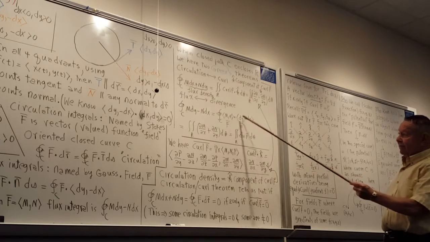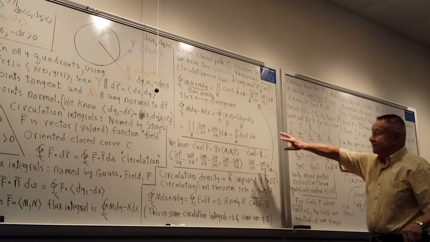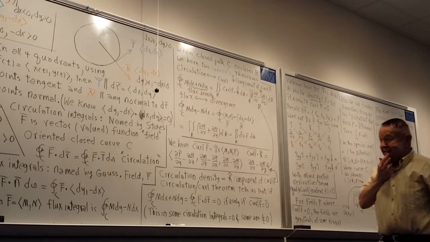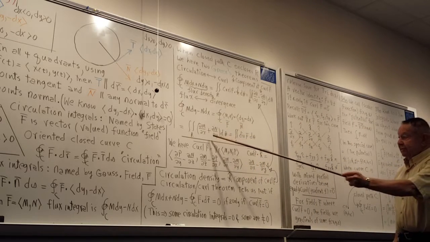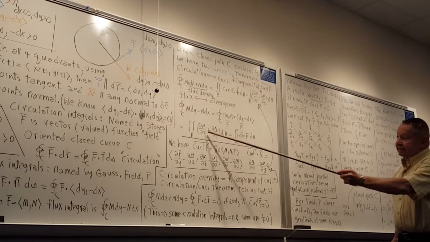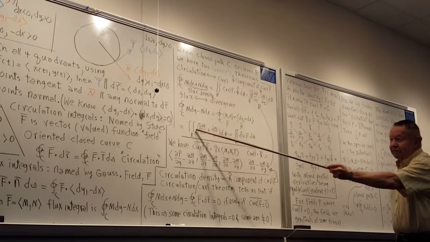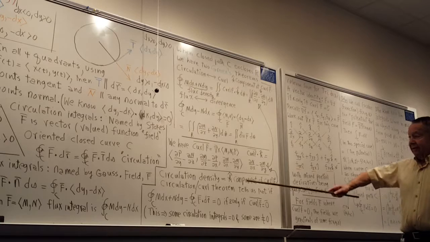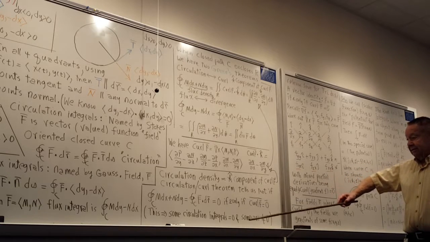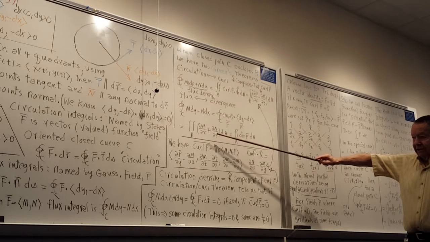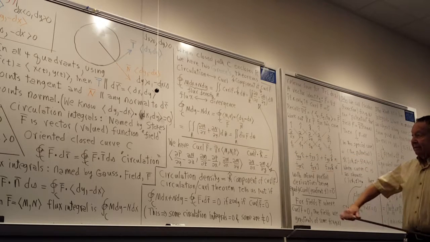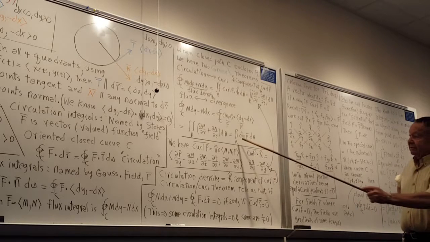Here's the same thing written as a dot product. If you do this dot product, you get that, in other words. And that equals the divergence of the field integrated over the region that's interior to the curve. And this is what Gauss called flux density.